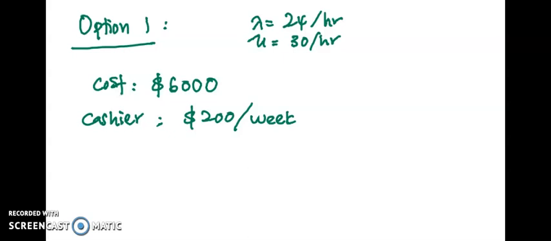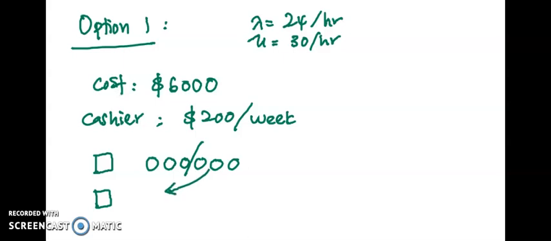Just now I said you add one counter. This is the original counter, and then you add another counter, but now we assume that half of the customers will come to the other counter. So our original lambda, the arrival rate before this, was 24 per hour, so now it will be reduced.